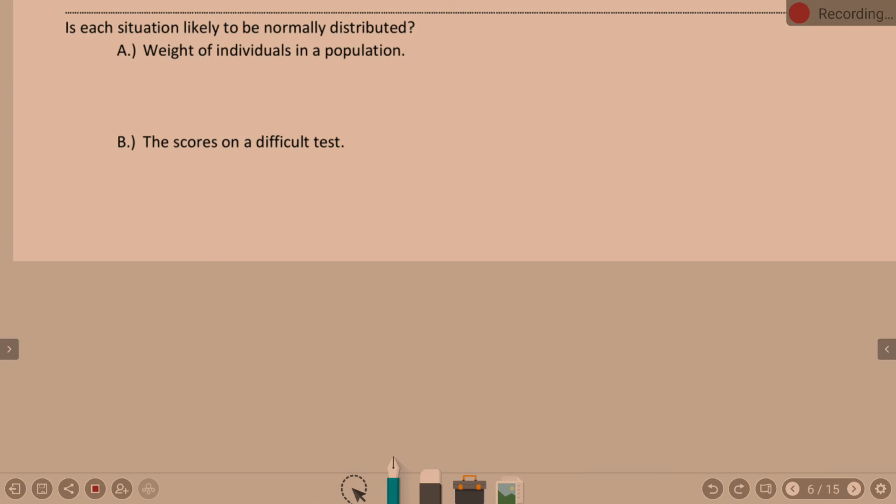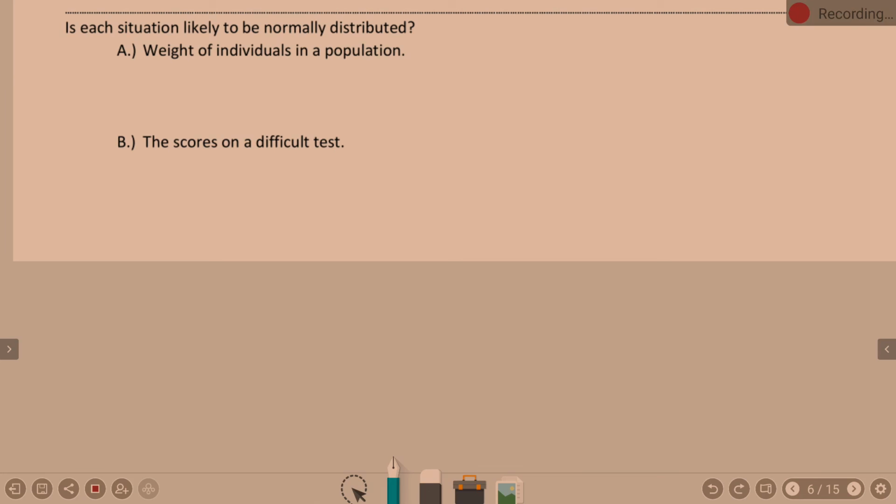Exactly. There's going to be an average in the middle. Is everyone going to meet that average? No. You've got some people that weigh a lot less, and people that weigh more. It goes both ways. So weights of individuals in a population, I would likely say normally distributed.